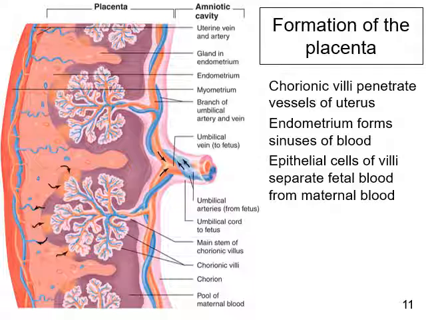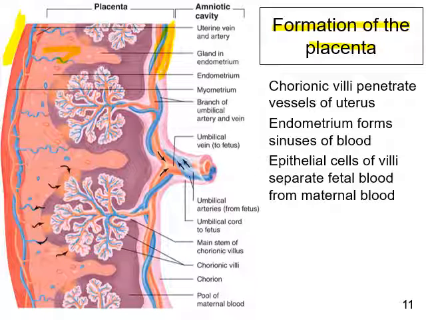The implanted blastocyst develops and causes many changes. And let's talk about the early development of the placenta. So let's get oriented in this slide. Out here is maternal blood flow in the uterus. Here is fetal blood flow in the amnion.